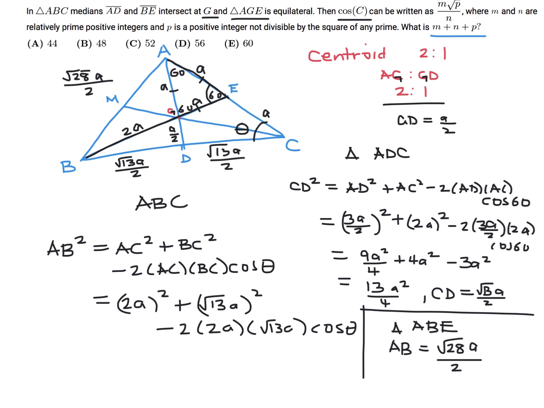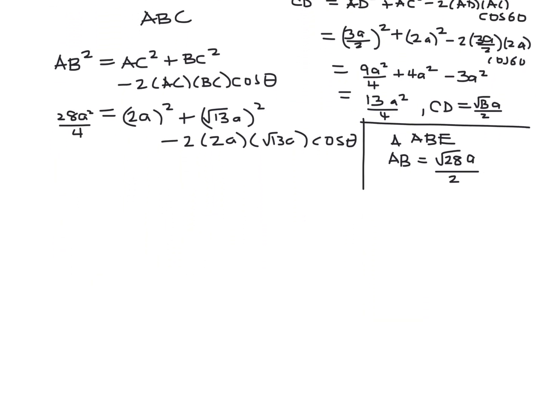So AB is root 28A over 2, so this is going to be 28A squared over 4. Okay, so a lot of laws of cosines on this guy. Okay, so this is 28A squared over 4. This is 4A squared, 13A squared. What is this going to be? 4 root 13A squared, and then this cos theta.